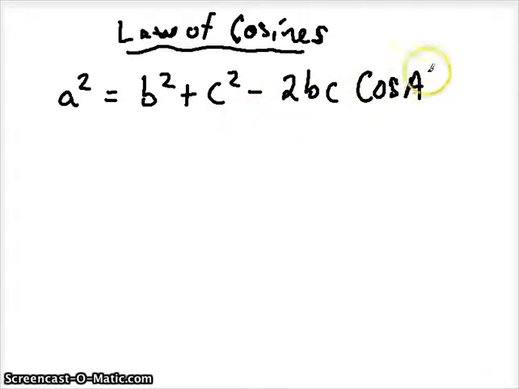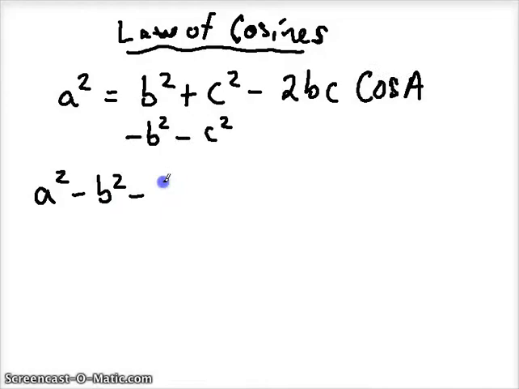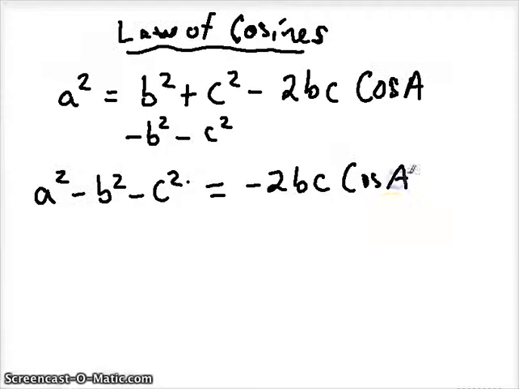In order to solve for cosine of A, we're going to subtract b squared and c squared from both sides, so that I get this on this side. We still have negative 2 times b times c times the cosine of A on this side. Because everything on the right side is now being multiplied, to undo it I would divide.